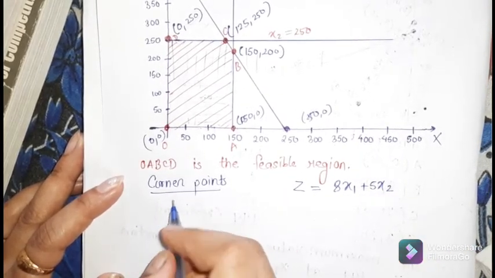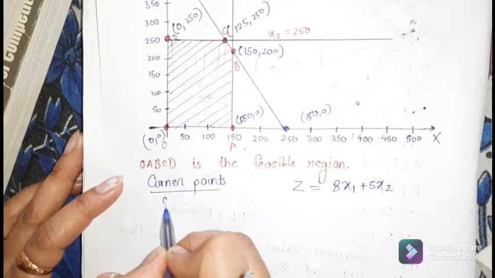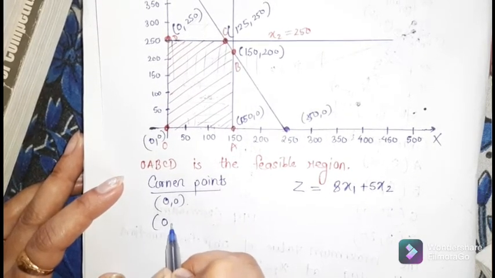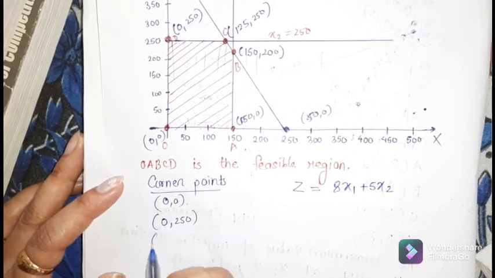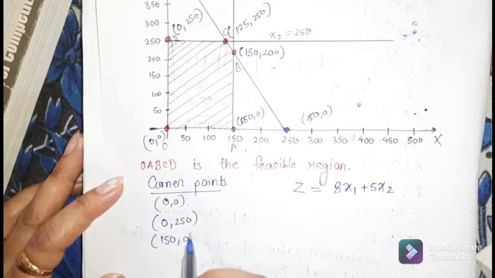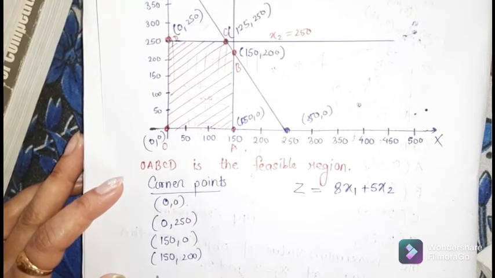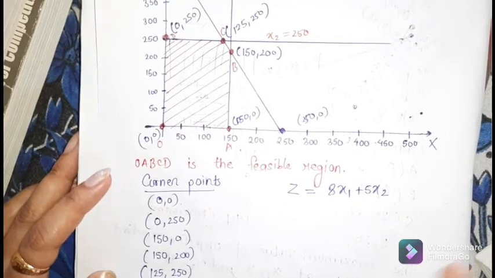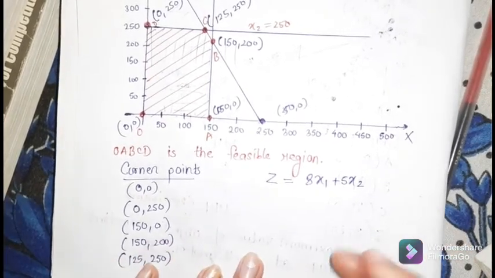Corner points are 0, 0; 0, 250; 150, 0; 150, 200; and 125, 250. Now we find the values.